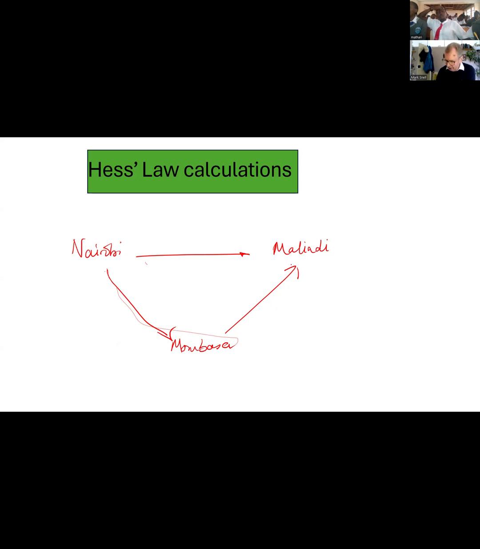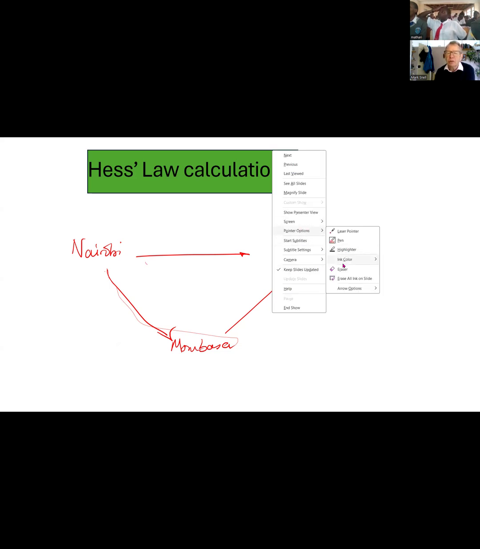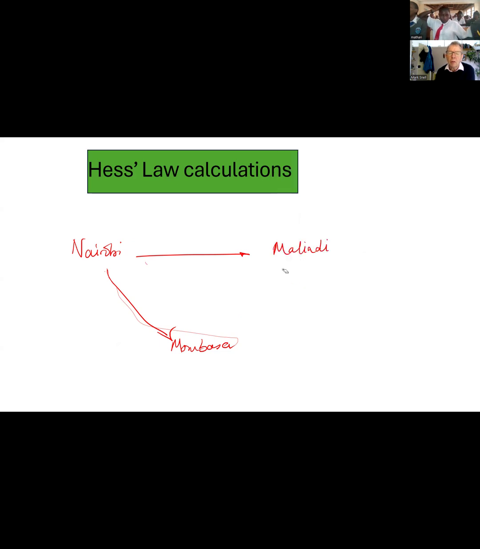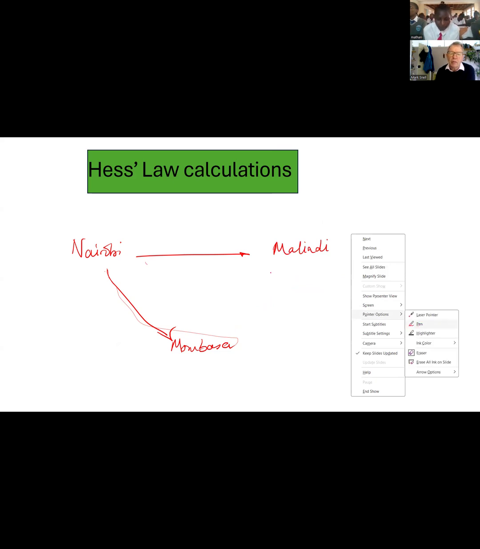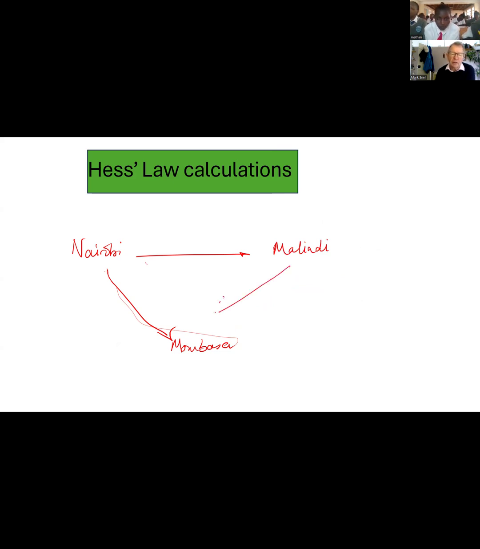But if I had not a Mombasa to Malindi ticket but my return portion, in other words, if I had this journey, whoops, sorry, that's not a very good line, but you know where I'm going, then this is no good to me. If I've got a ticket from Nairobi to Mombasa and one from Malindi to Mombasa, the guy in Mombasa will not allow me to get on the bus. He'll say it's the wrong ticket.